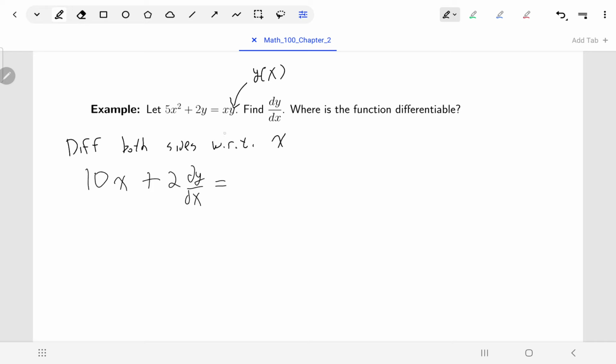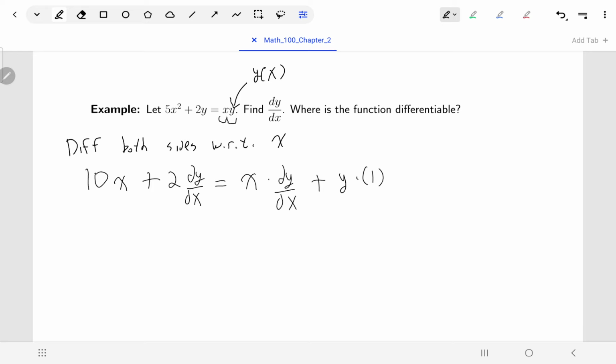On the right side of the equation, I have x times y. That's a product, which means I'll need to use the product rule. First thing as it is, which is x, times the derivative of the second thing, the derivative of y, which is dy dx, plus the second thing as it is, times the derivative of the first. The derivative of x is 1.